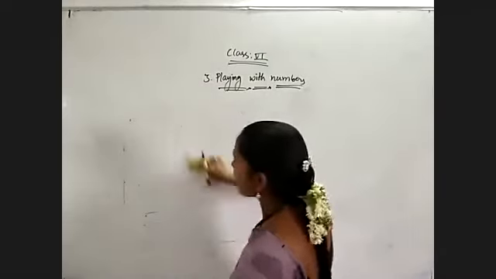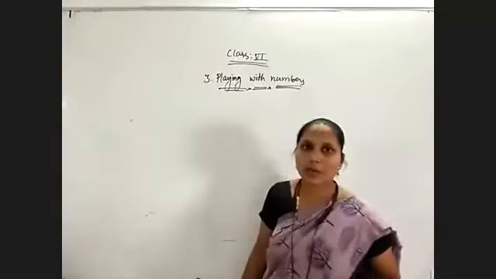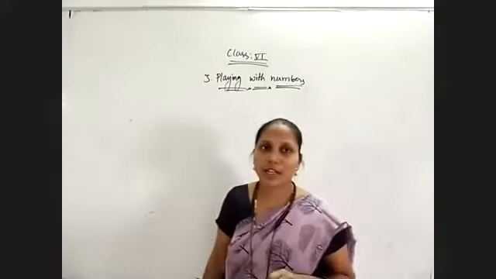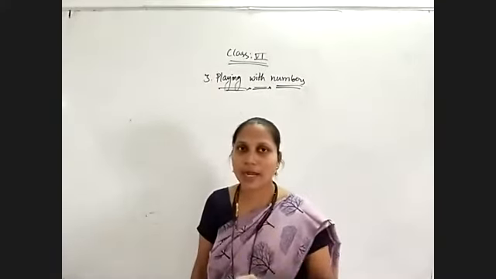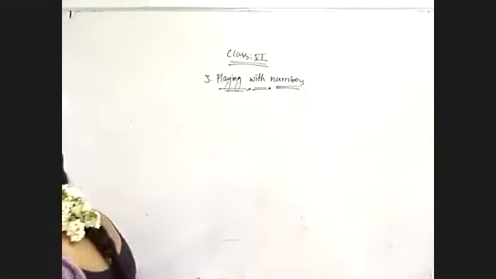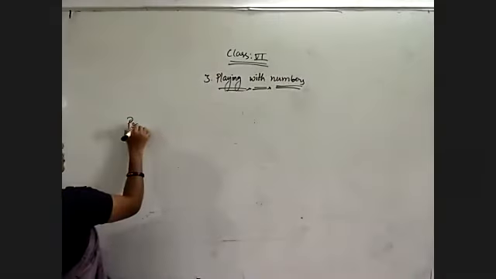First of all, what is a factor? We have studied. After that, multiples. After that, even numbers, odd numbers. Now prime numbers, composite numbers. So prime numbers are nothing but what I told you.